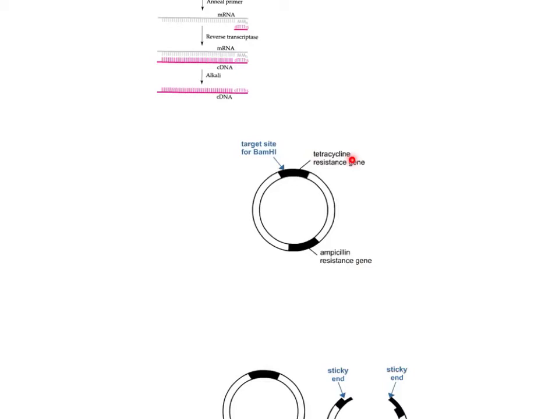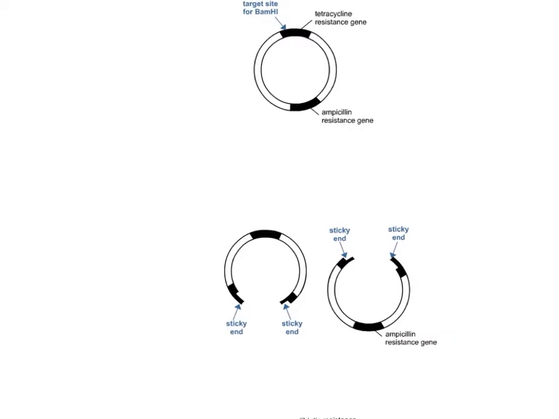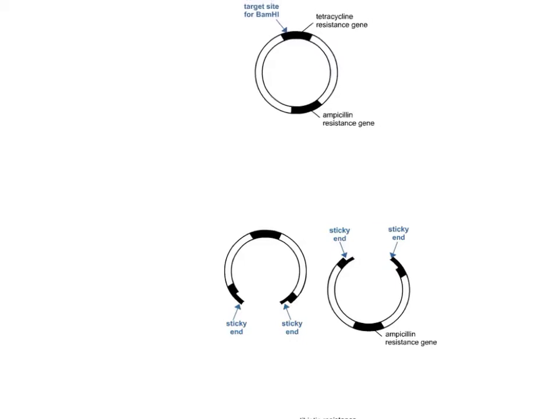So what we do is we treat this plasmid with a specific restriction enzyme which breaks the plasmid open in the middle of our tetracycline gene. Then we introduce our gene, which has also been treated with the same restriction enzyme.